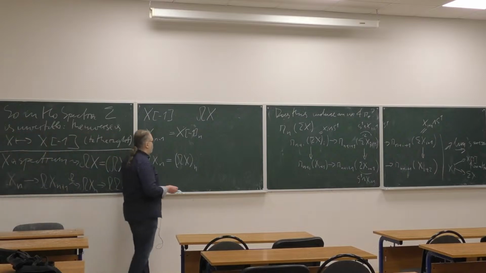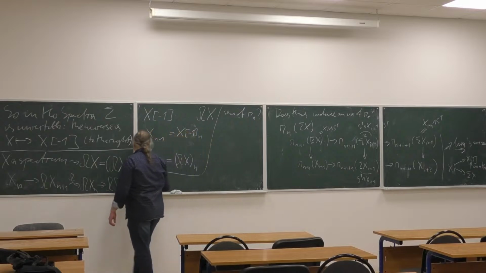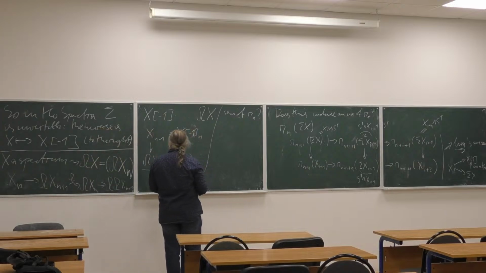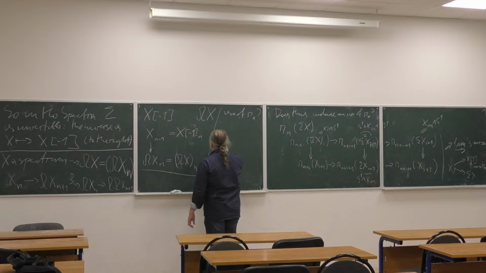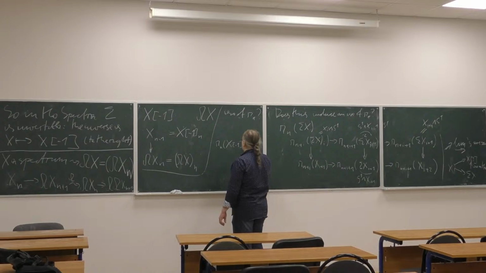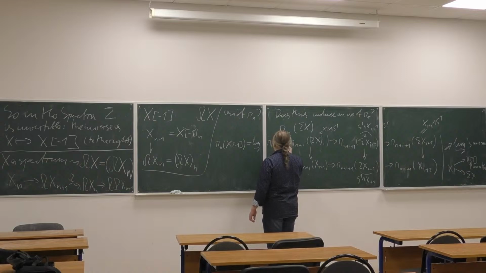Well, let's check. Let's check the isomorphism part. So by n plus i of x n minus 1.